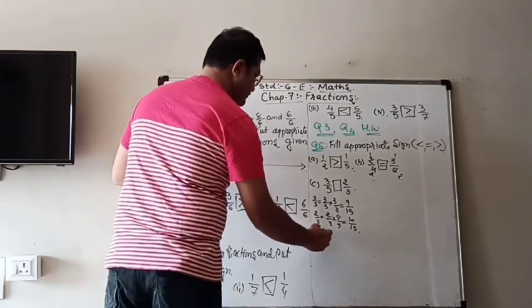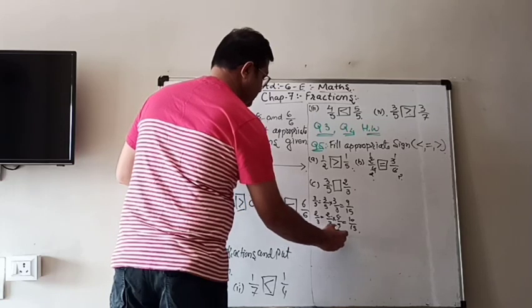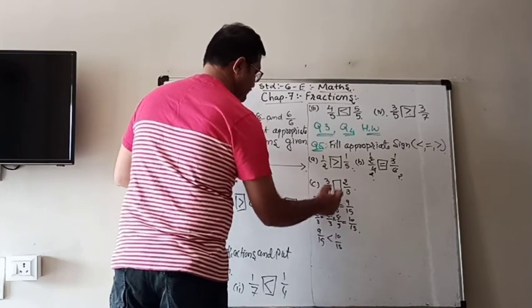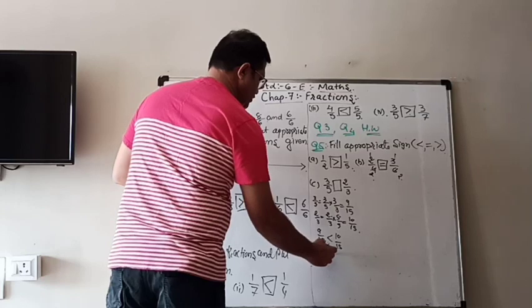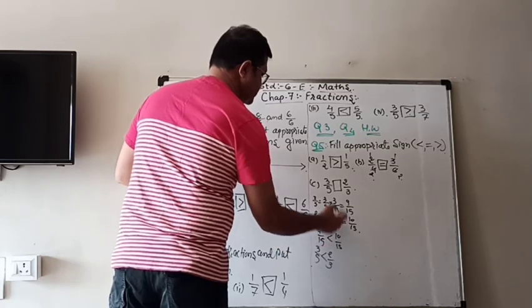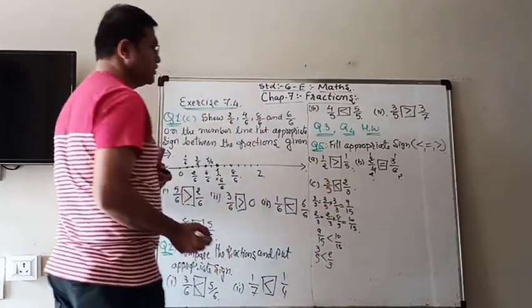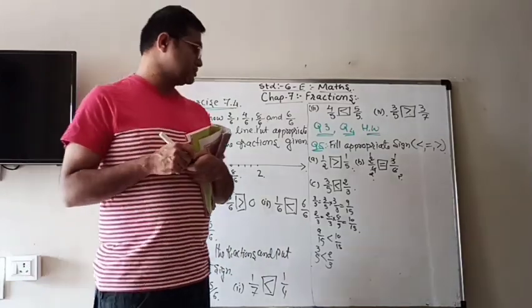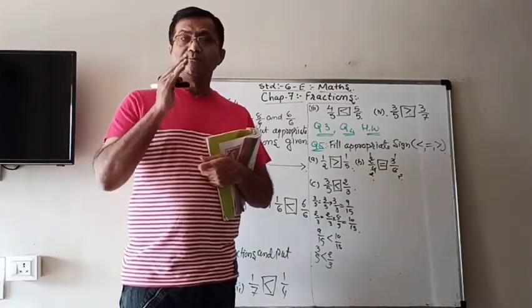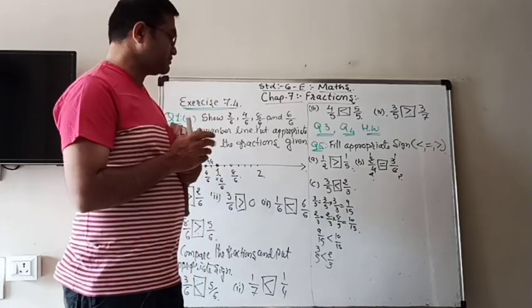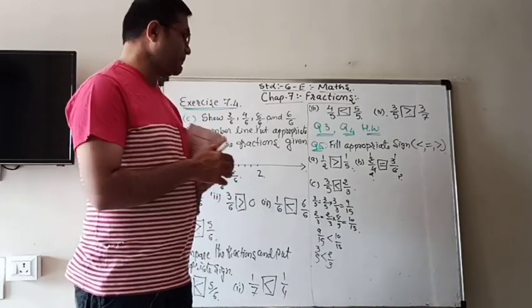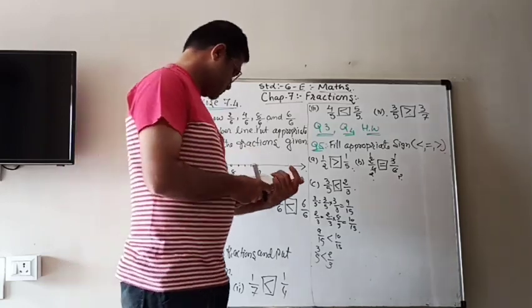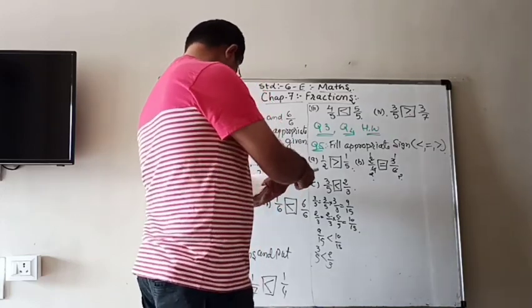So now 9 upon 15 is less than 10 upon 15, and therefore 3 upon 5 is less than 2 upon 3. So when they are unlike fractions, we have to make them like fractions so that we can compare them easily. Let's take the D.